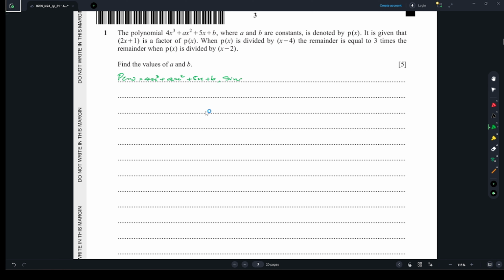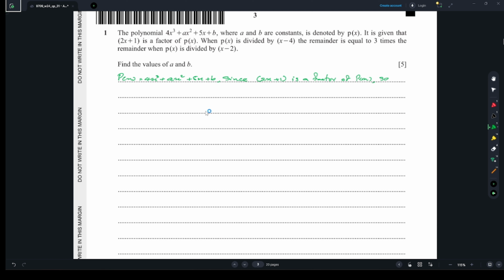Since 2x plus 1 is a factor of p(x), now you should remember the factor theorem.